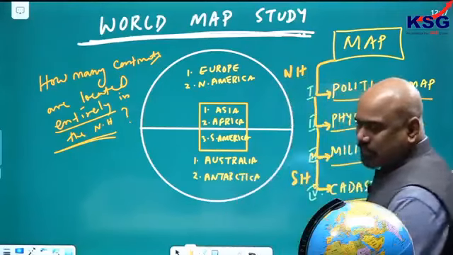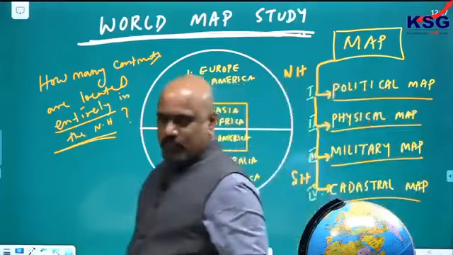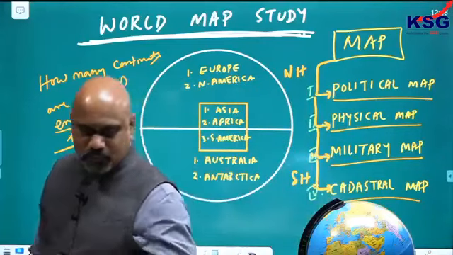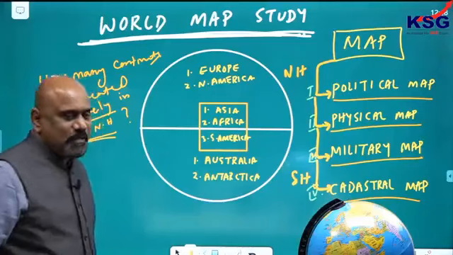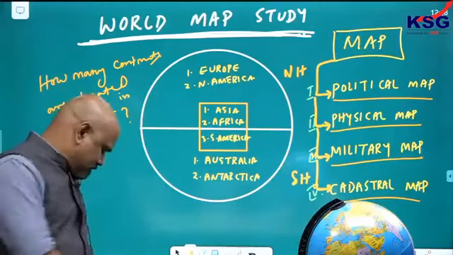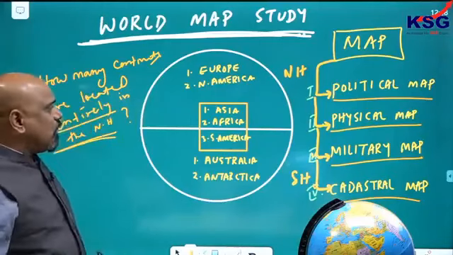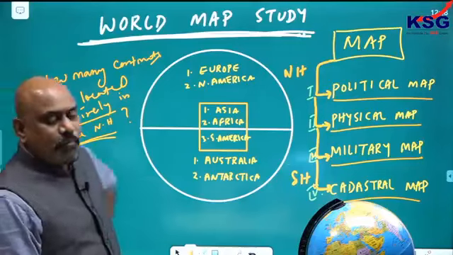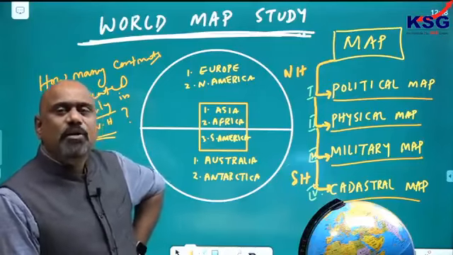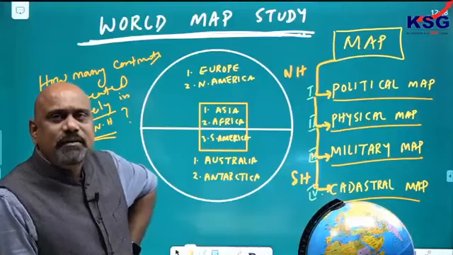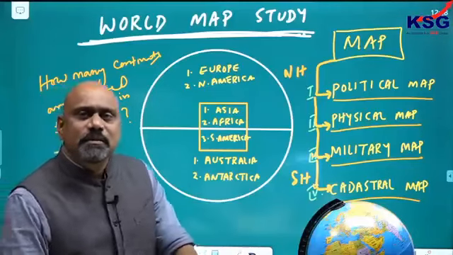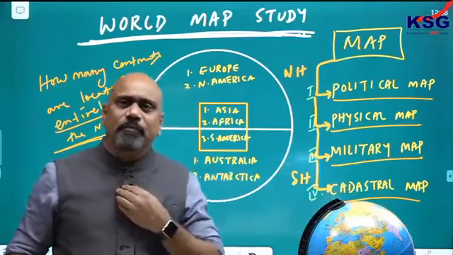What is political map? Political map is for political features, like a country's boundary will be there. A state, a country's boundary will be there.